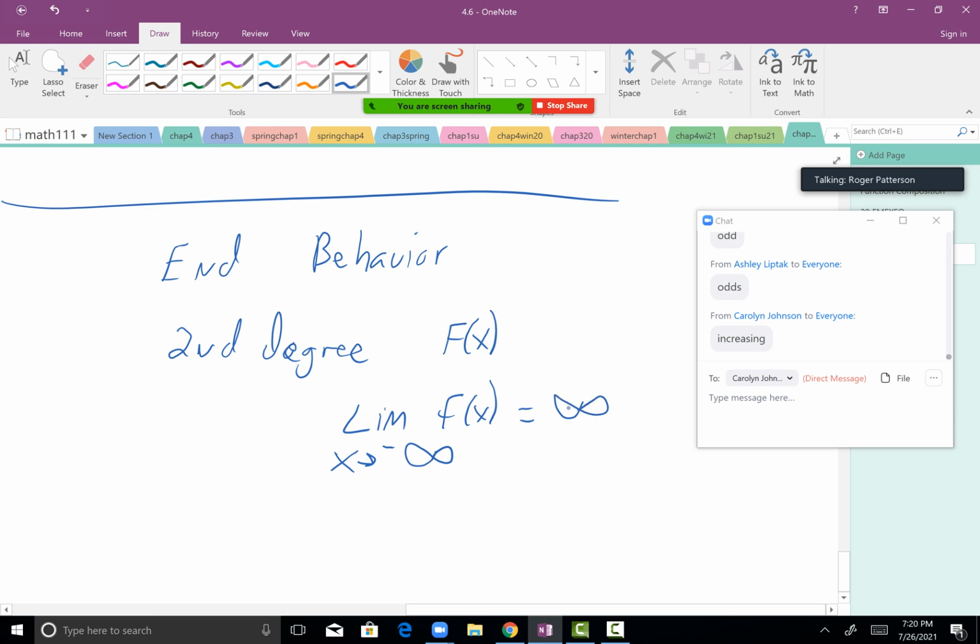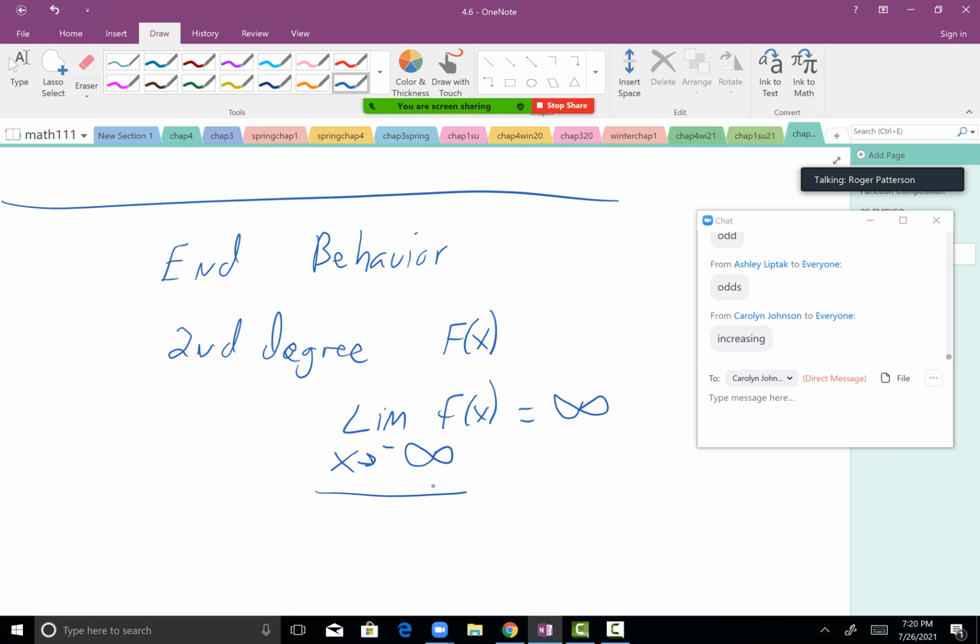Now, what does this mean? Well, this, first of all, is called limit. And a limit is a calculus term. So what it means basically is what is happening to a function as x approaches some sort of a number. Well, in this case, we're saying that x is approaching negative infinity. So as x gets very, very small, what is this function doing?